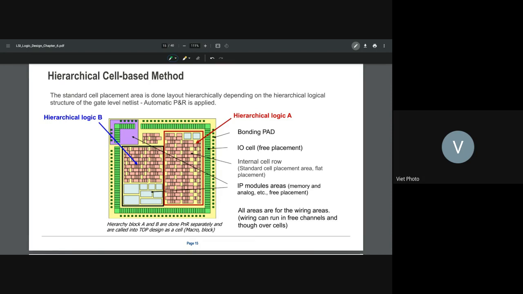It will be exponential. That's why no EDA tool right now can handle more than, let's say, half a billion transistors. So that's why we use the hierarchical method, still cell-based.